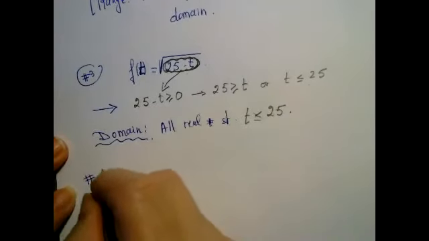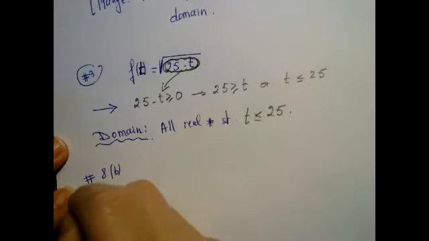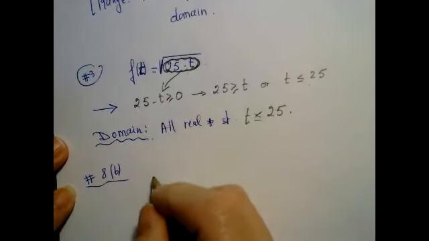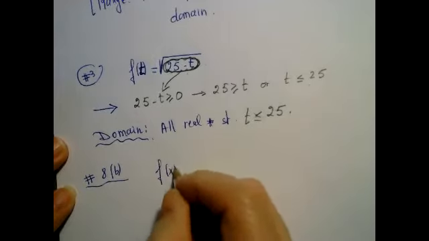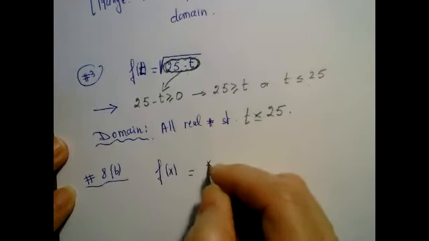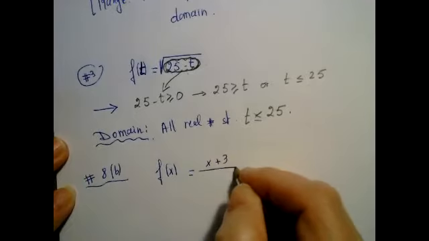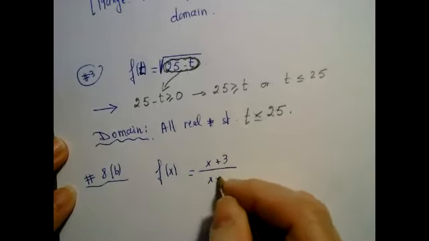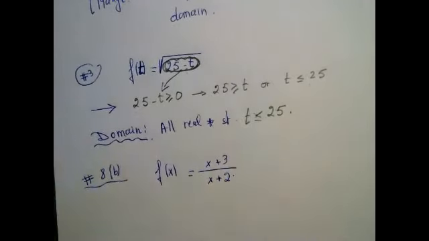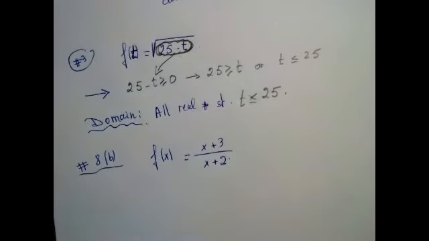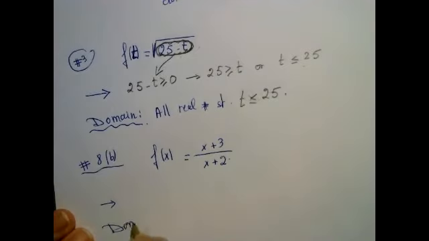So number 8b. Okay, and here my f of x is x plus 3 over x plus 2. And again, what is the domain here? So what we have to worry about, what's the domain?